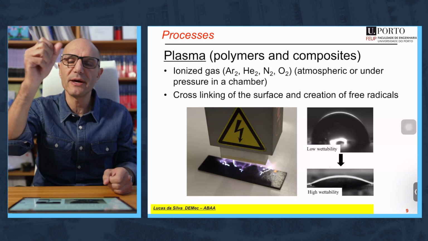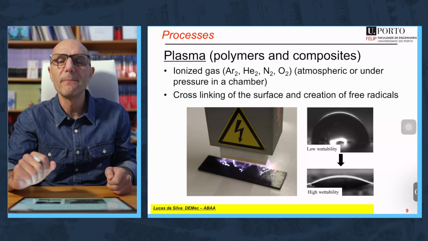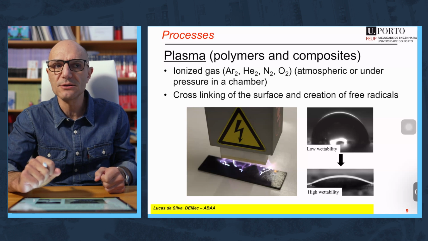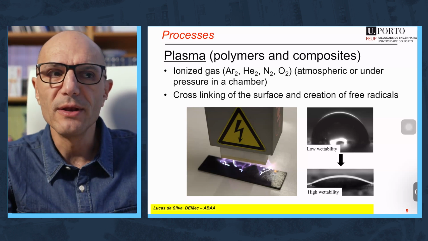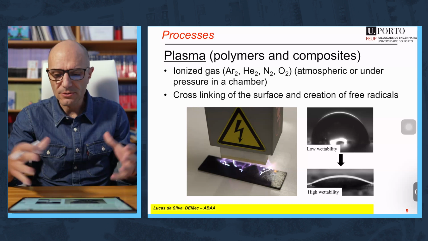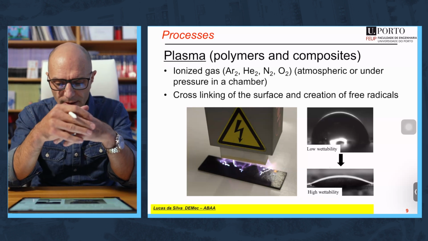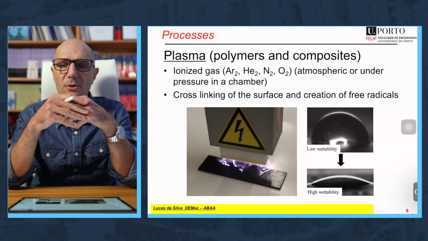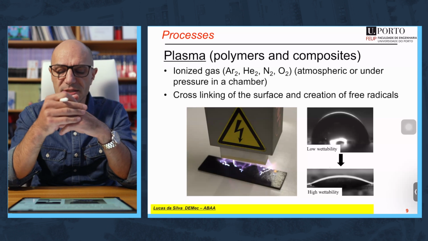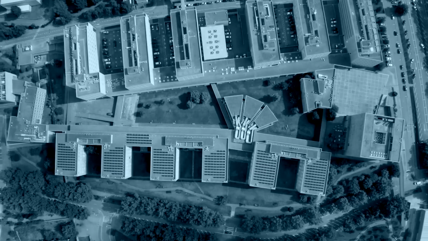These molecules will react with oxygen and create polar bonds, and this increases the surface energy and the van der Waals forces that the adhesive will make with the substrate. So you have examples for materials that are typically used in the aeronautical industry, aluminum, composite. There are many recipes for these materials.